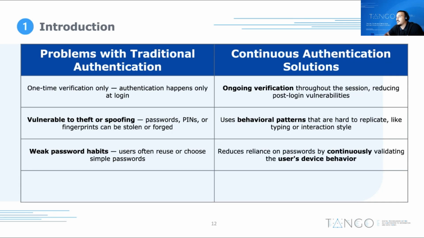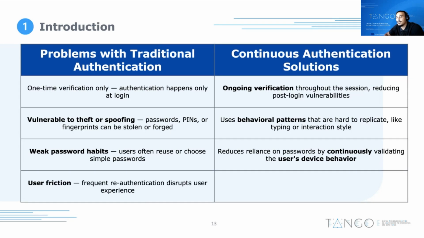But on the other hand, continuous authentication acts as an extra layer of security by continuously validating the user's device behavior. That means even if credentials, for example passwords or PINs, are compromised by others, the way they use the device will likely be different. So this deviation in the device behavior will be detected by the continuous authentication.